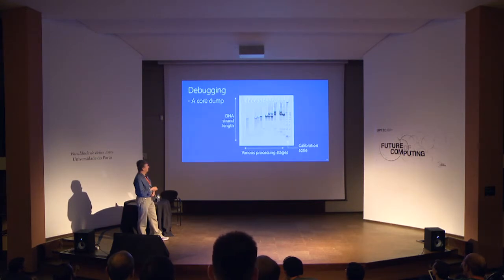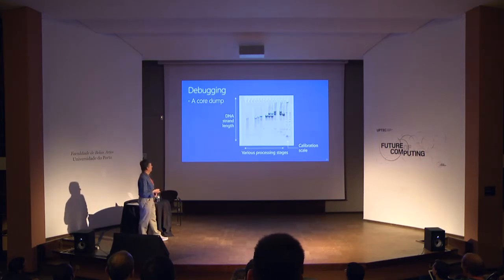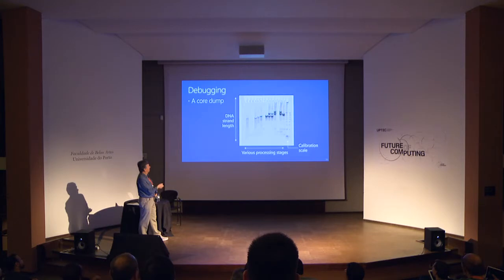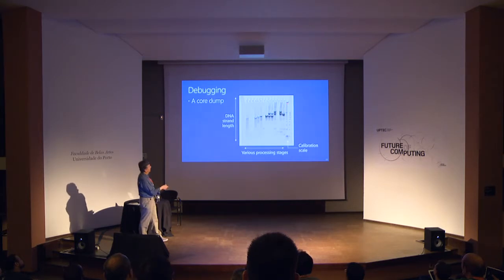And so what do you do? Well, one thing you can do is a core dump. Now, a core dump in this business is called a blot. So you take your DNA and you pass it through an electric field that will separate it by size. On this side, this is just a calibration scale. These are the known lengths of DNA strands, so you know this is 40, this is 60, 80 bases long.